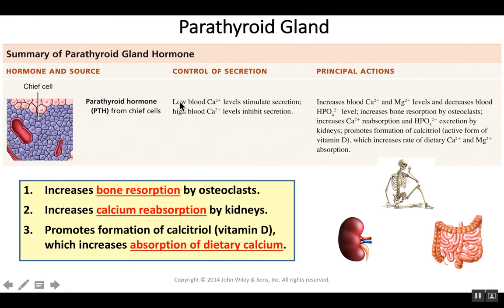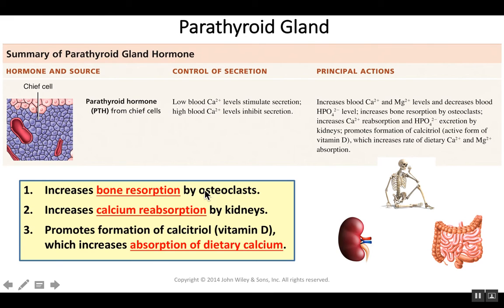So the stimulus is low blood calcium levels. The action is to increase calcium levels, also magnesium, and decrease phosphate levels. It does this by three important mechanisms shown in the box. Increases bone resorption by osteoclasts.